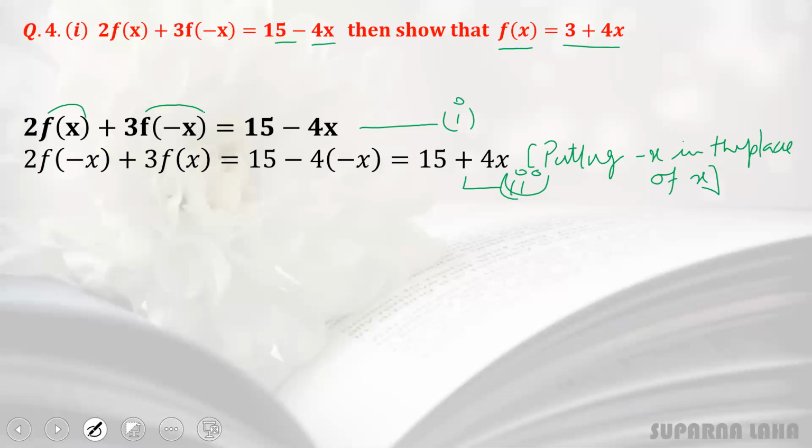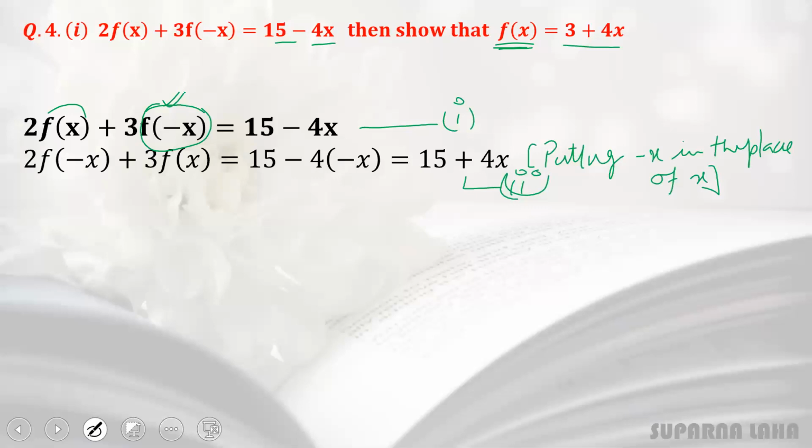Now if we eliminate this f of minus x from these 2 equations, you will easily find f of x, like where we are finding the value of x and y from any system of linear equations. The same process we need to follow, that we need to eliminate f of minus x from these two equations.